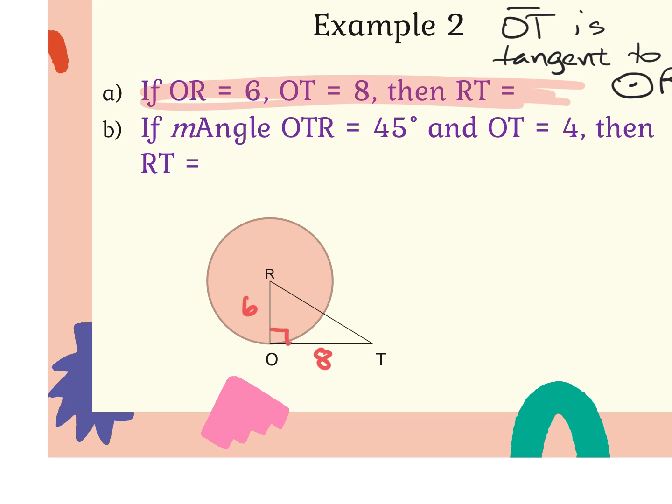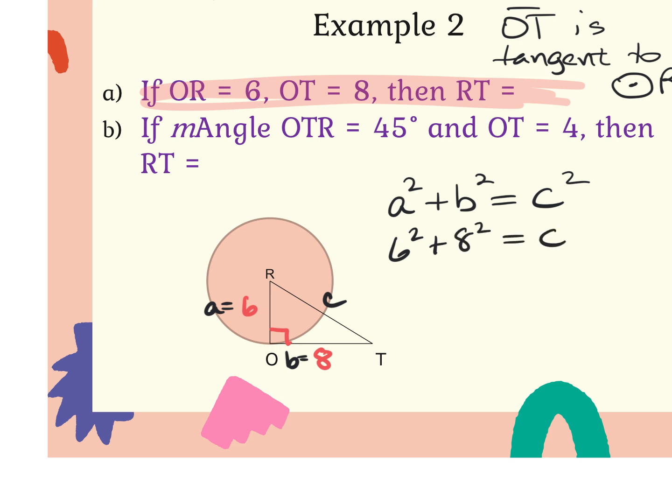However, if you didn't recognize that, we're going to use a squared plus b squared equals c squared. I could label either leg as a or b, it doesn't matter, because what I'm looking for is the hypotenuse, which is my c. So 6 squared plus 8 squared equals c squared. 36 plus 64, I get 100 when I add them. And now I need to square root it.